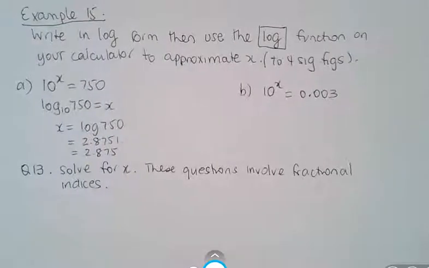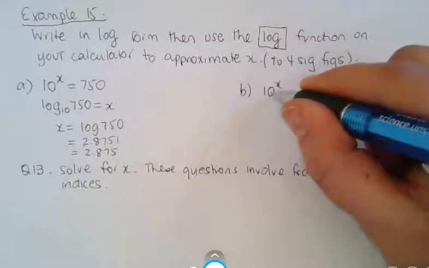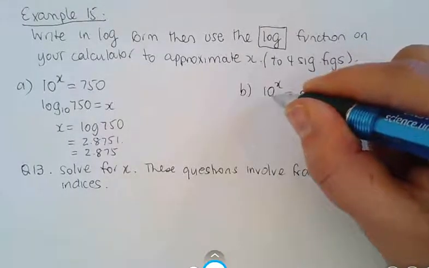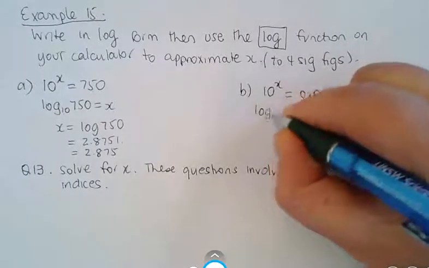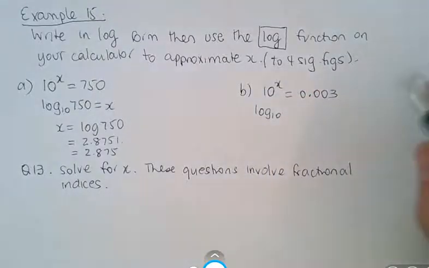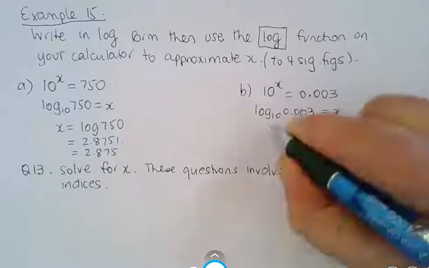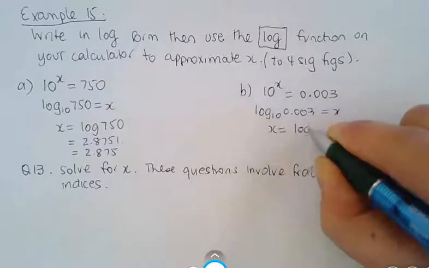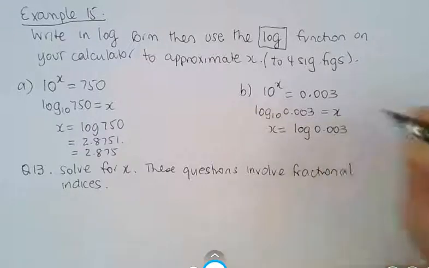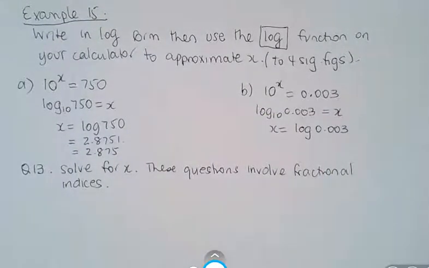So the next one, remember the base here is 10. That means that log to the base 10 of 0.003 is x. So if you're entering that on your calculator, you just press log 0.003, because log on your calculator means log to the base 10.